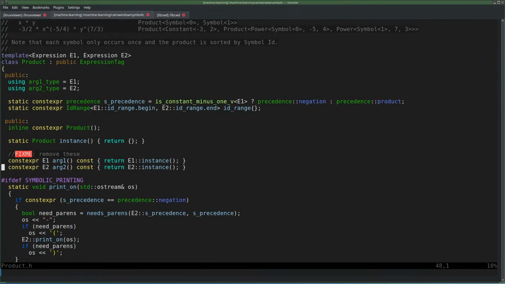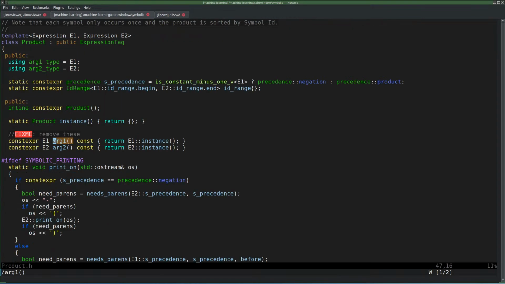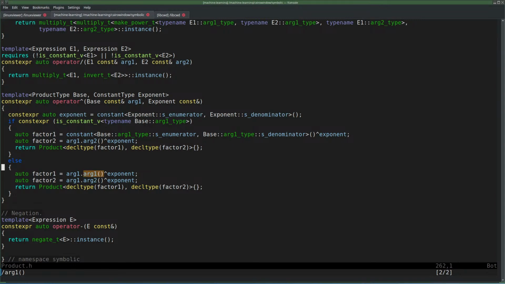Still can't get rid of these things because they are used here. Operator, something. Yeah, how do we fix this one? Kind of surprised that the negate is working.